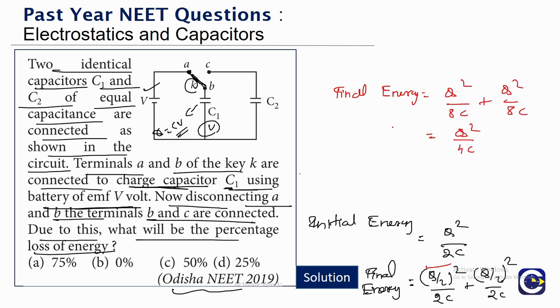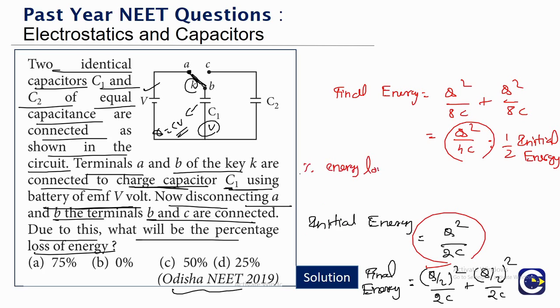So what do we observe here? This is exactly half of the initial energy. Initial energy is Q square by 2C, and final energy is Q square by 4C. Half of the initial energy remains, so how much energy is lost? The energy lost is Q square by 4C.